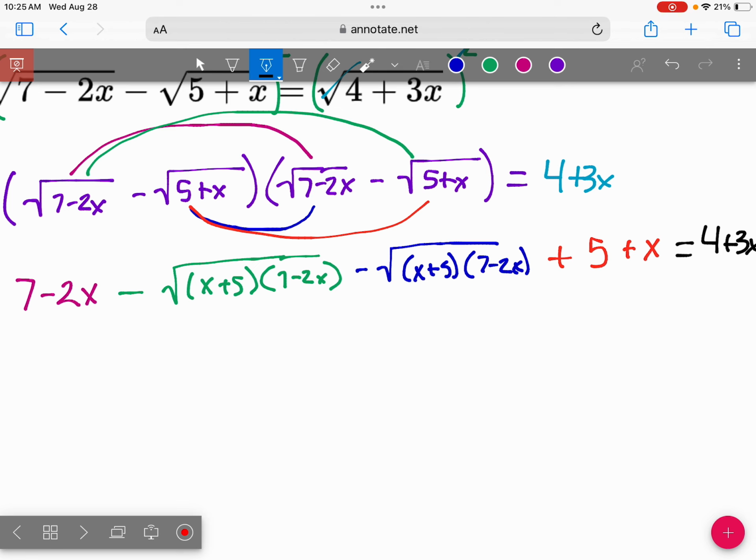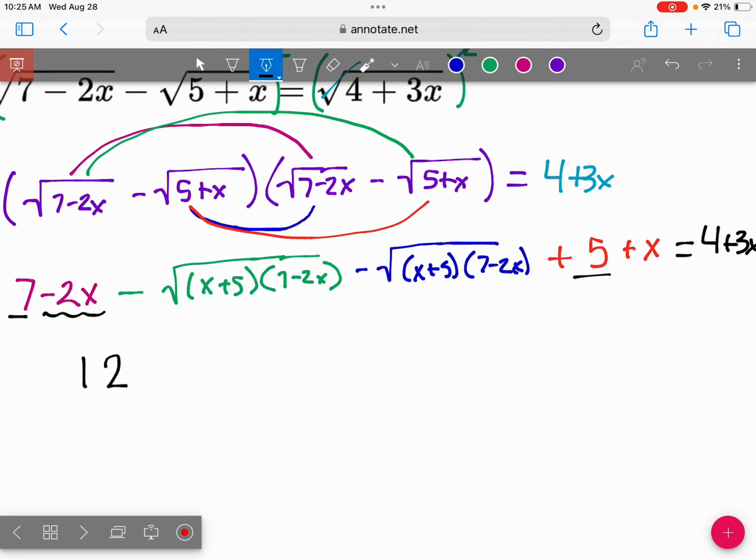This thing is exactly the same as this thing. I have minus one of these, minus one of those, so we really have two of those. We also have some numbers and some x's, so let's simplify that whole left side. I've got a 7 plus 5, which is 12.